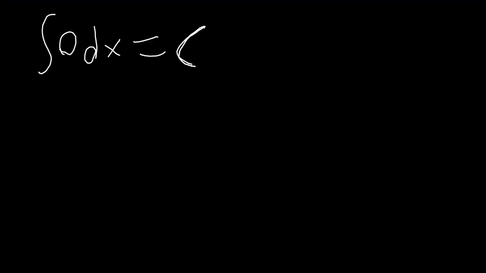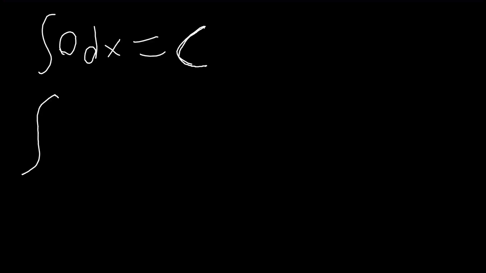Some more formulas to know: the integral of 0 dx, or the antiderivative of 0, is just c, because the derivative of a constant is 0, so we get our integrand.